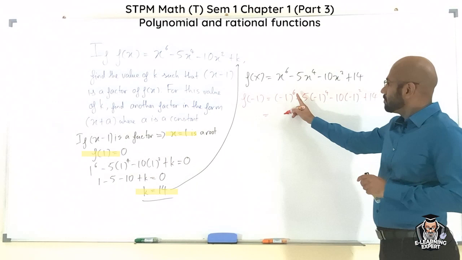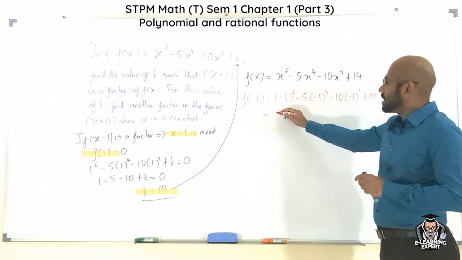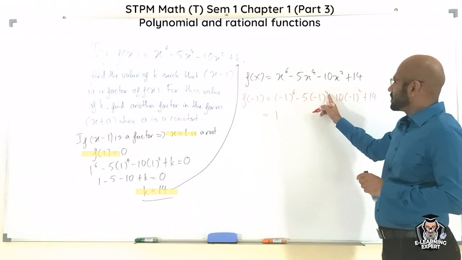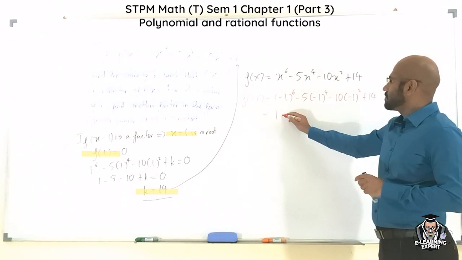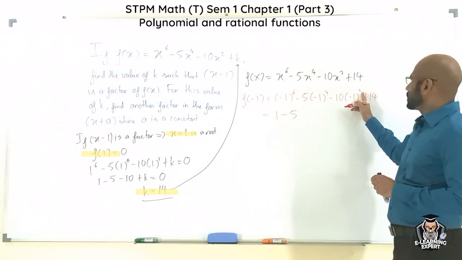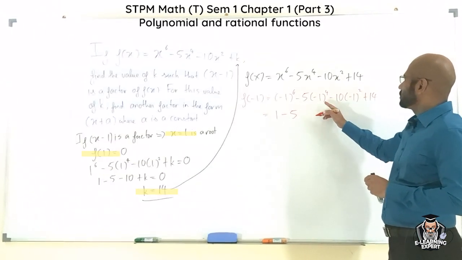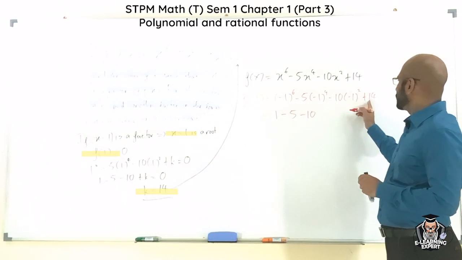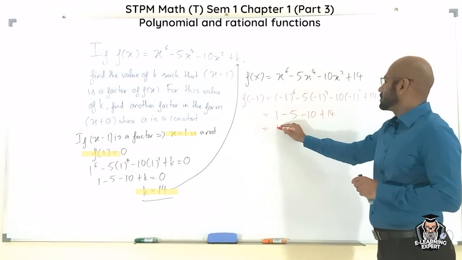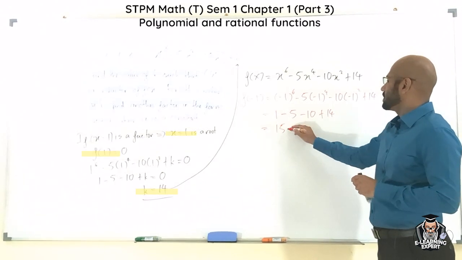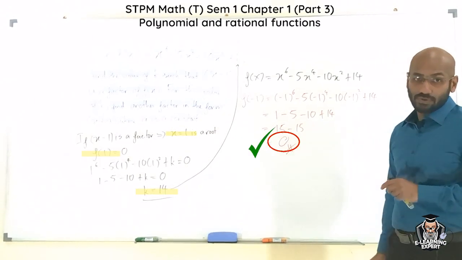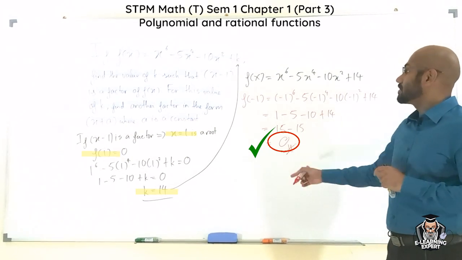Negative number to the power of even always becomes a positive. Positive times negative is a negative. Negative 1 squared is positive. Positive times negative is still a negative. And then I've got a plus 14 here. 1 plus 14 is 15. Minus 5 minus 10 is minus 15. And there you go. We have 0. So negative 1 is also a root.